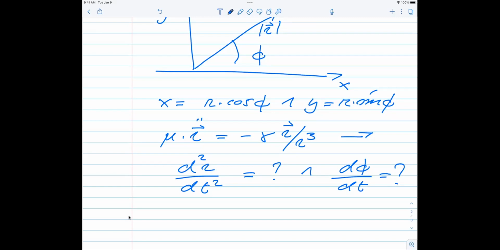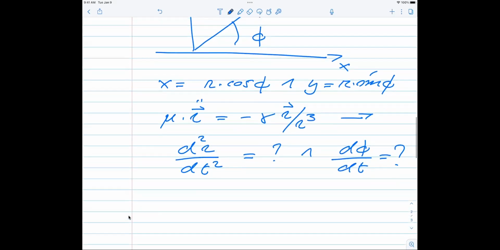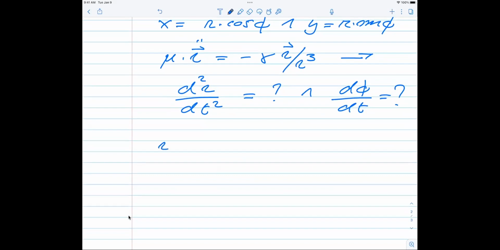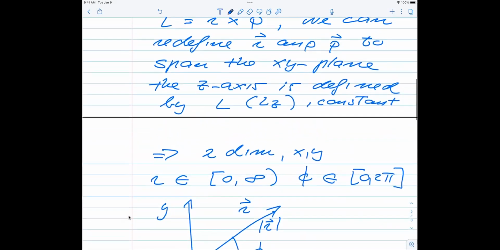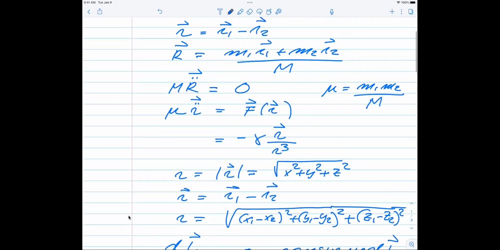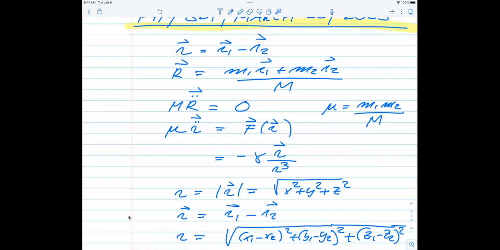One of the things we need now is to look at the equation for r. We know that the time derivative of r obviously has an x component and a y component. So we need that one first. We started with an equation which looks like this. We have a vector here.